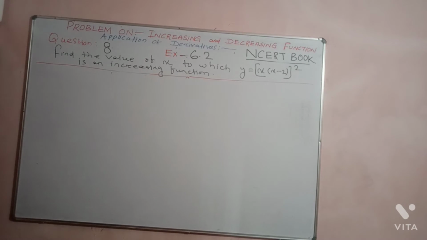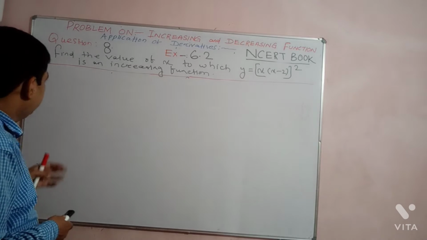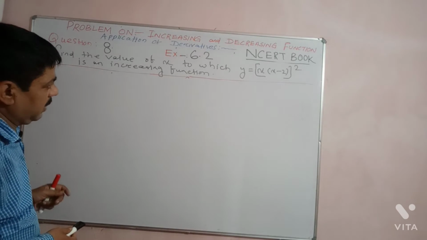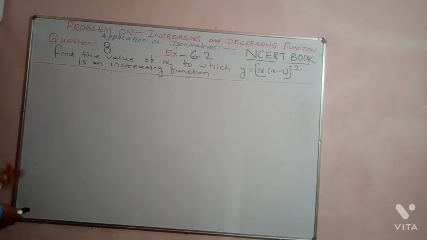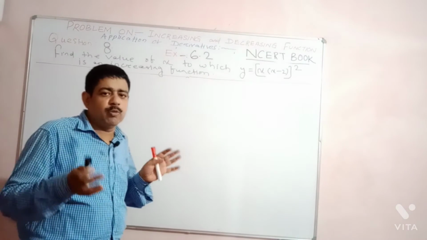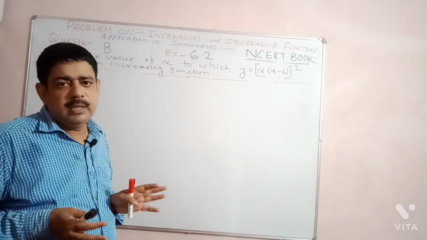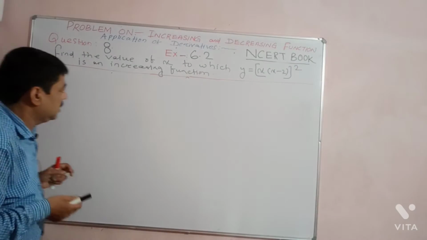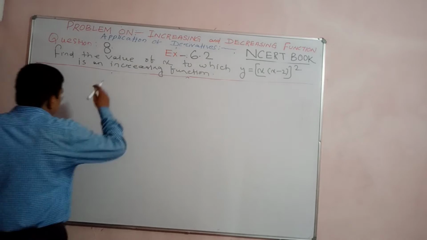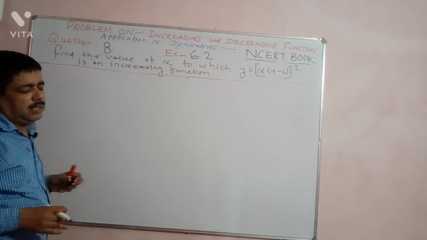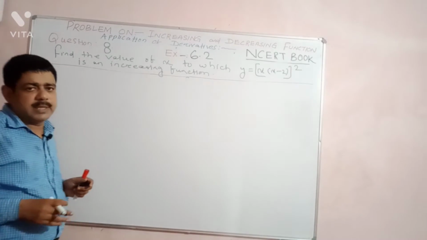Here the question is, let me read the question: find the values of x for which y is equal to x (x minus 2) whole square is an increasing function. We have to find the value of x, means we have to find a particular domain in which the function is an increasing function. Understand? Okay.